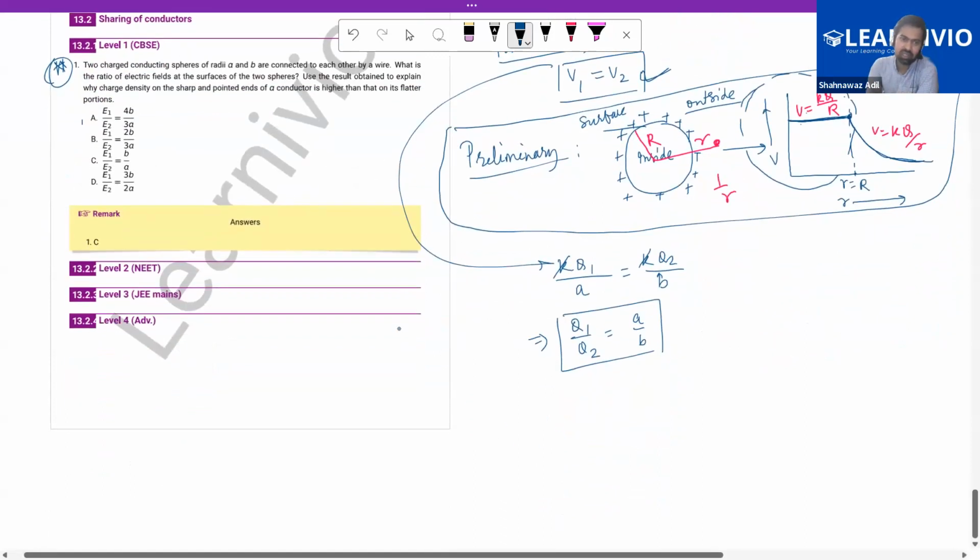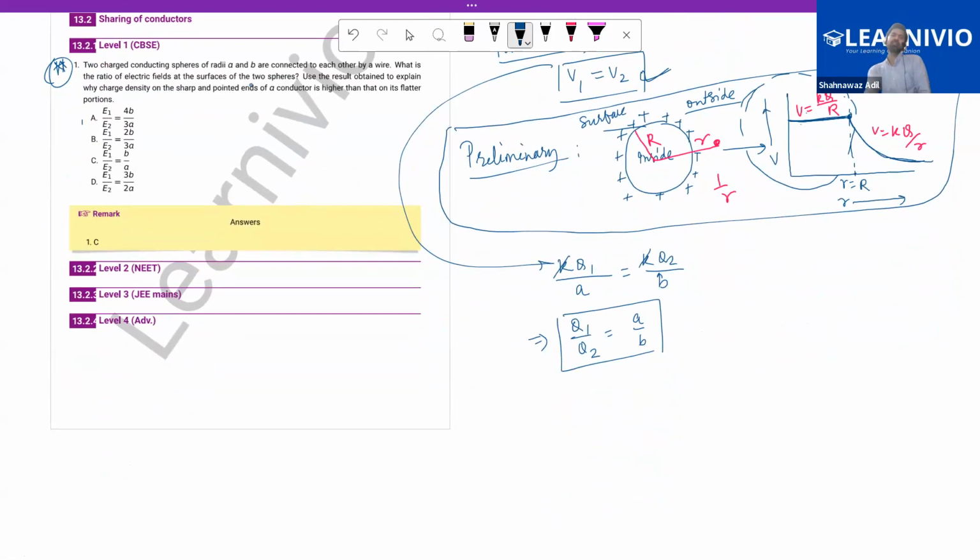Now in the question, they are asking what is the electric field at the surface of the sphere. Right. So can you tell me what is the electric field of the sphere at the surface?